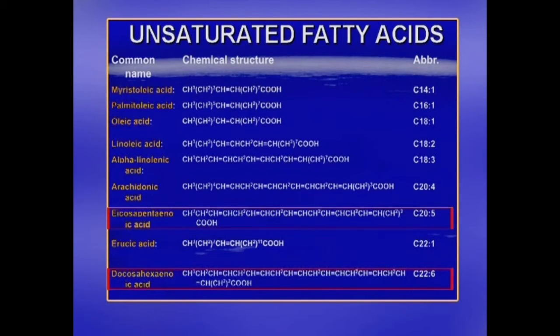Eicosapentaenoic and docosahexaenoic acid commonly occur in fish and fish oils, and they are very good for health, indicating that they have the capacity to lower the blood cholesterol levels.